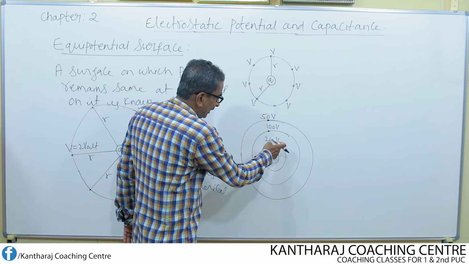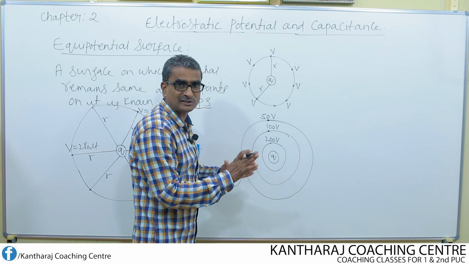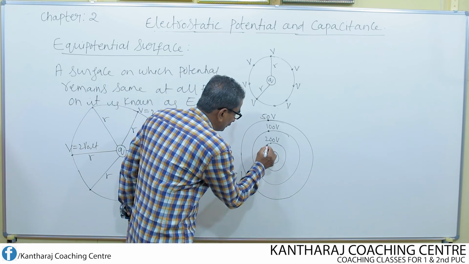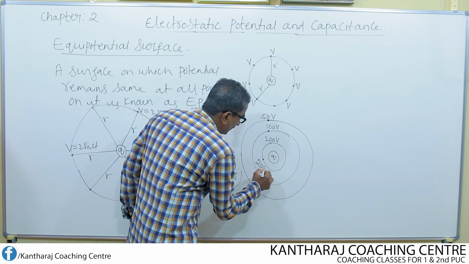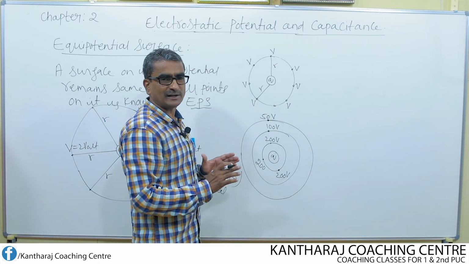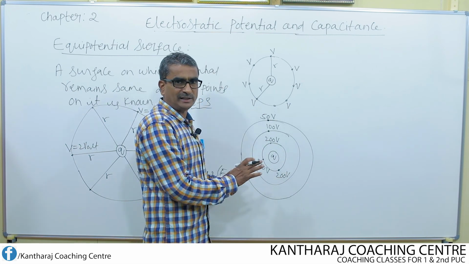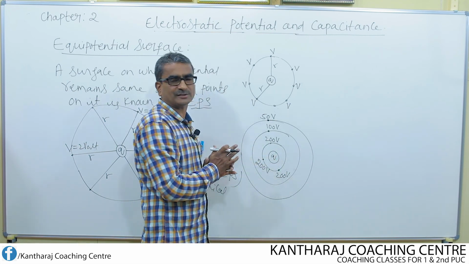So, all points on this first equipotential surface will have the same potential, 200 volt, 200 volt, 200 volt. So, potential remains the same at all points on any one equipotential surface.